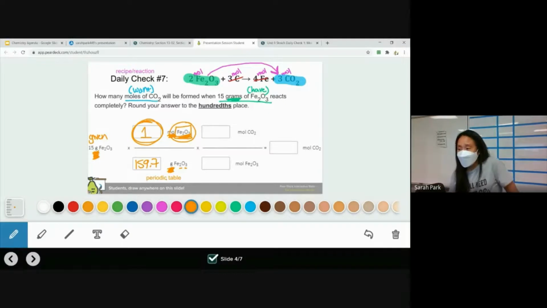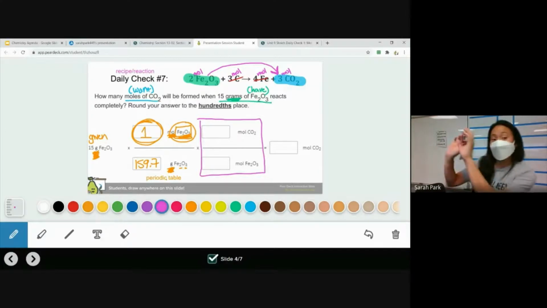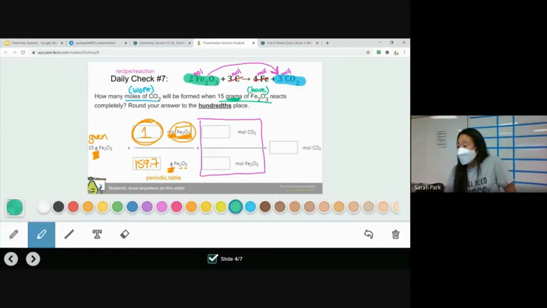Once you put a 1 here, so 1 of these weighs this much, now at this point you can look at the recipe. Now that you converted it to moles, like earlier, my example was like we're in gallons. Now that I convert from gallons to cups, now I get to look at the recipe and follow what it says.